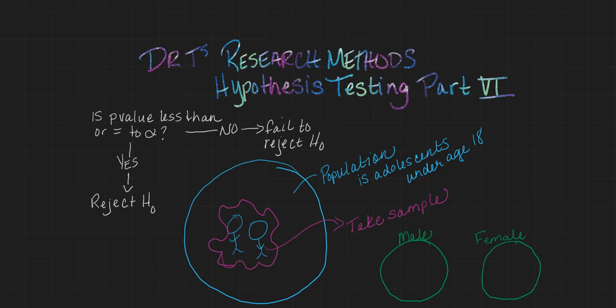Now I go ahead and calculate some of our sample statistics. One of the things that may matter when we talk about juvenile delinquency is how much time young males versus young females spend online.